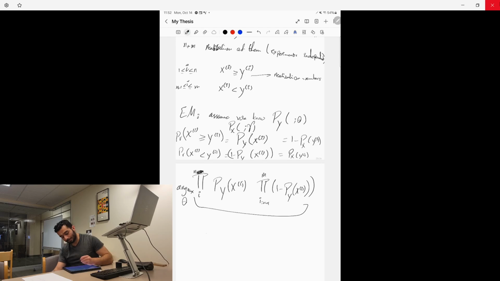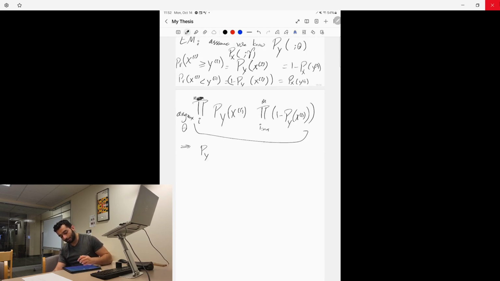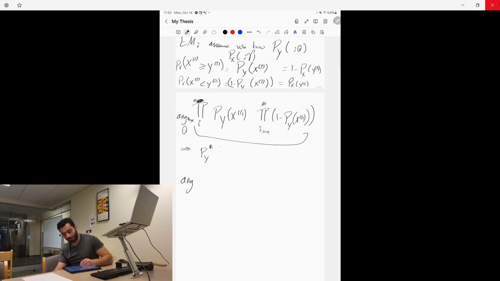So this one gives us theta, and then we have py, then we want to argmax for theta star on gamma, 1 to n.